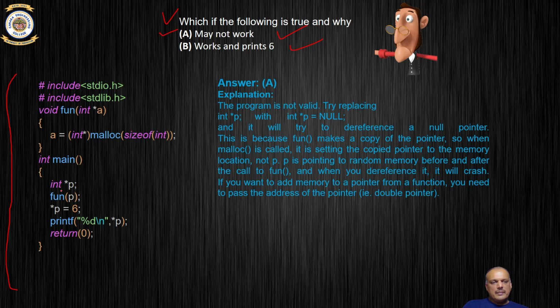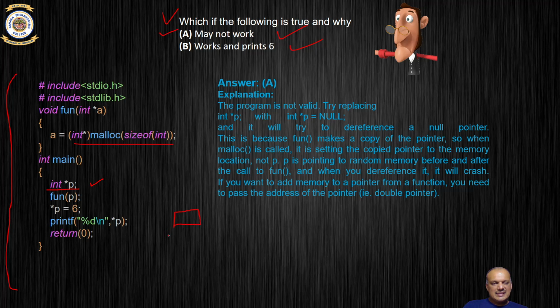You are declaring a pointer, you are passing this pointer to the function, and then using that pointer you are allocating some memory space and making this pointer point to it. But the problem here is that this pointer exists in the stack.